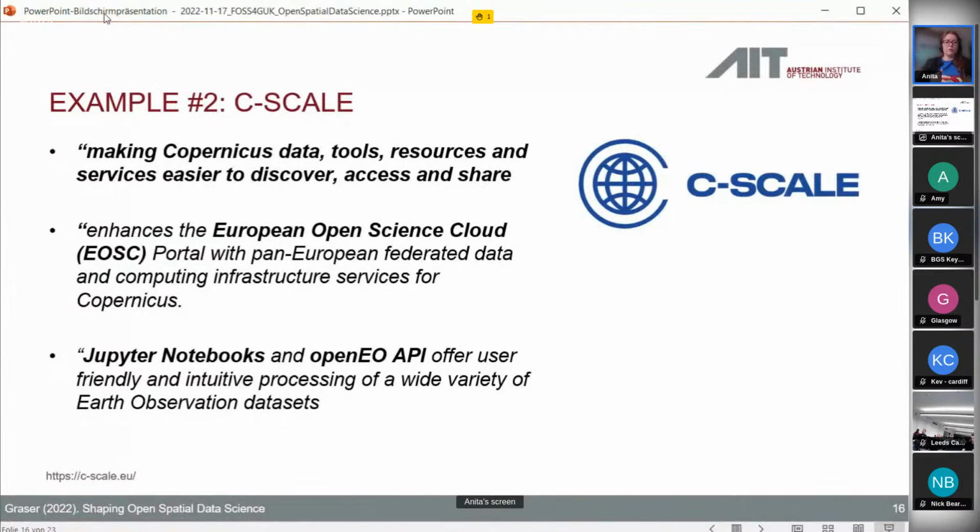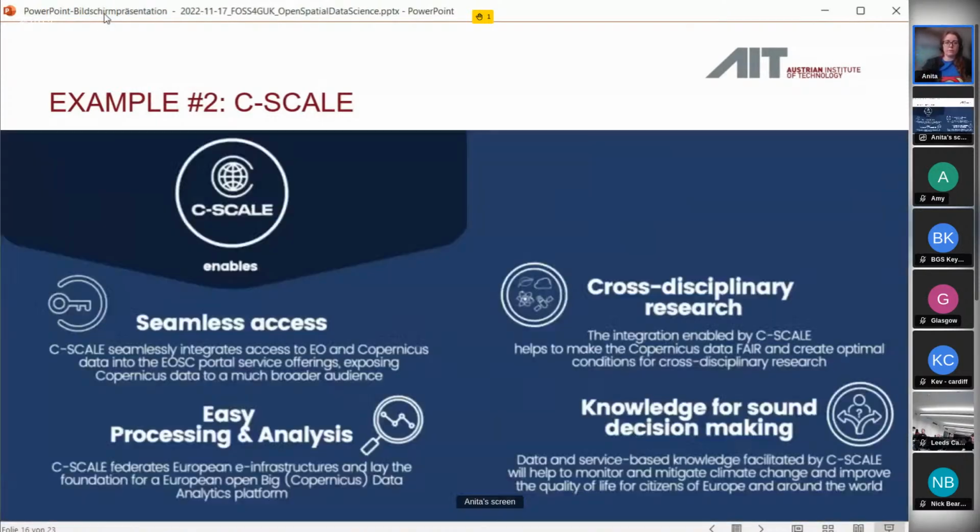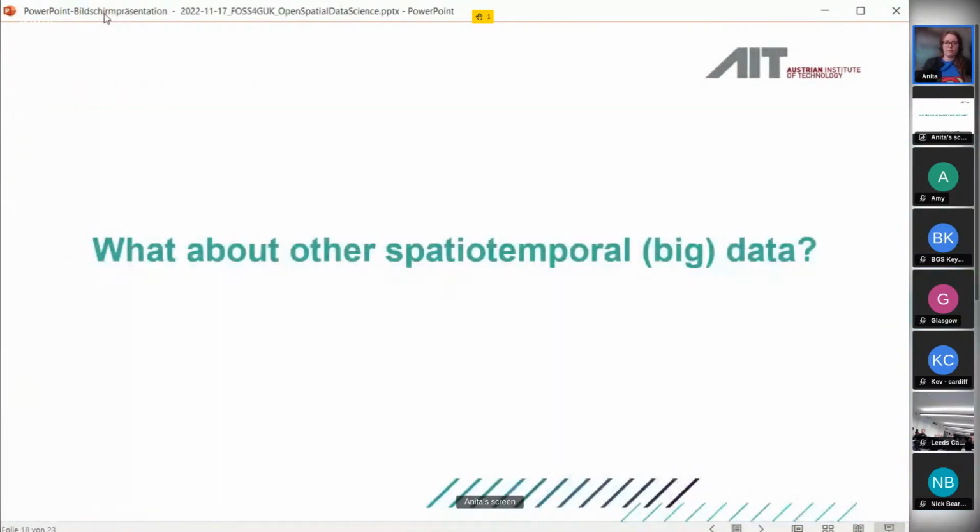They also have Jupyter notebooks. They have the openEO API to make it really easy to work with data and to create workflows. So again, ease of use is what they are targeting, what they're trying to make available for a wider audience.